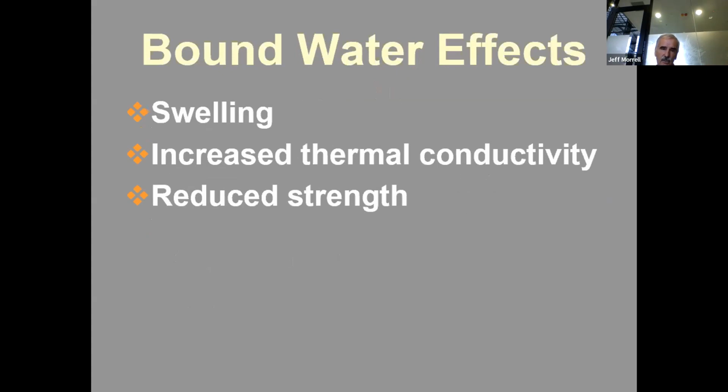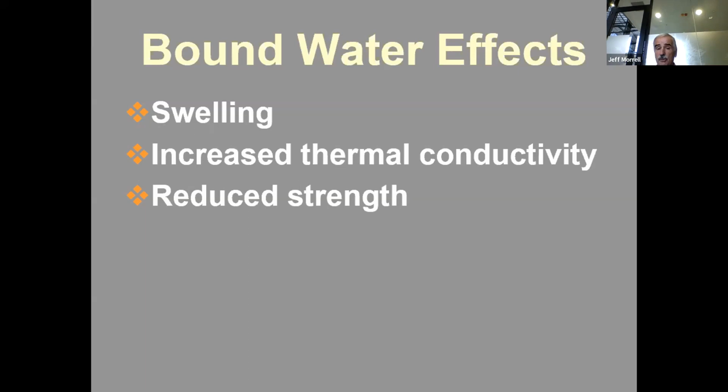And as I said, the bound water effects are things like, as water is absorbed by the cell wall, it swells. So we know that doors sometimes stick when it's really humid. That's an example of why. Bound water changes the thermal conductivity. And actually, when you design, we look at reduced strength as the wood gets wet, up until a certain point. So when we design with timber, we know that we either have dry use or wet use.